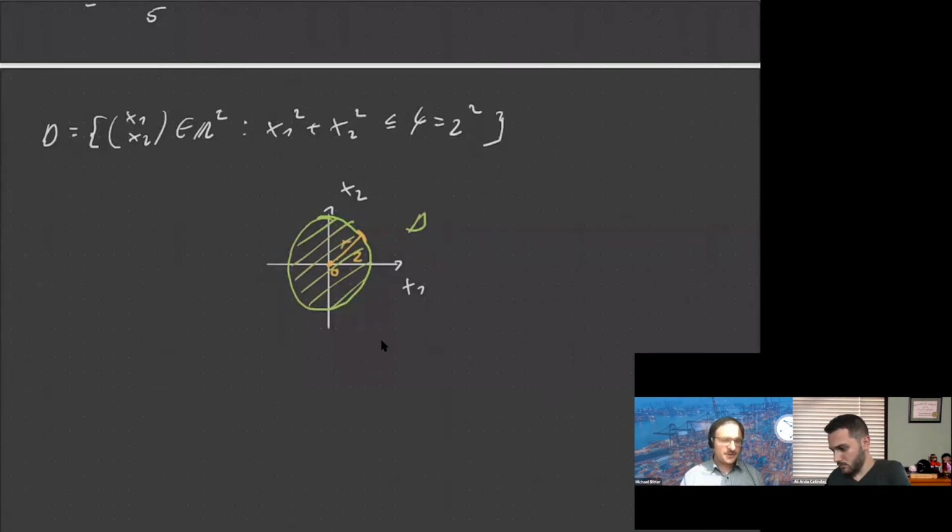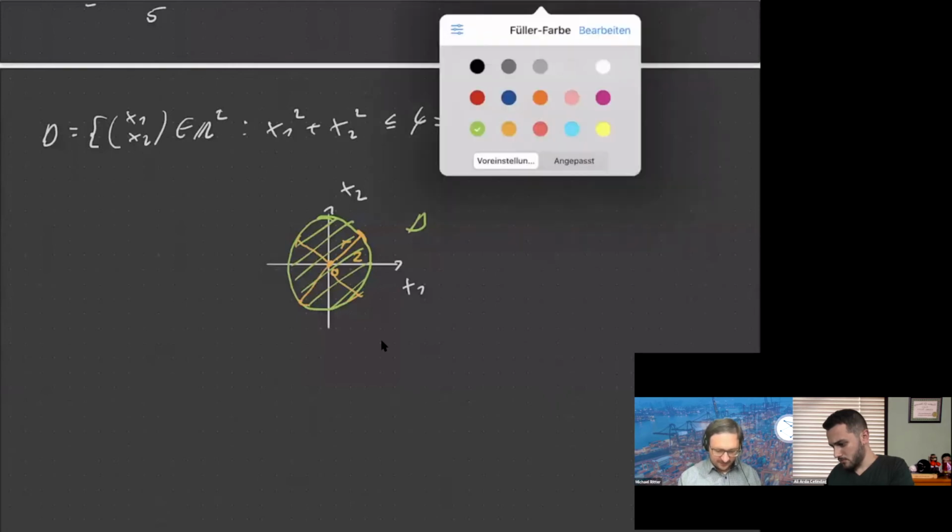This whole set is totally symmetric, so it doesn't really matter at which position I'm looking at that set. If I rotate around here, again, the radius is somewhere between 0 and 2. It doesn't depend on the angle. And the same is true for the angle.